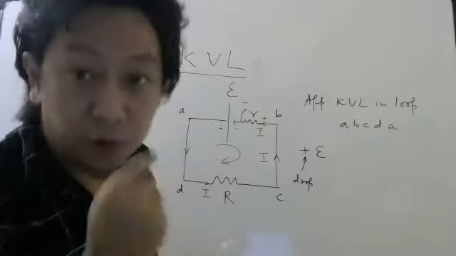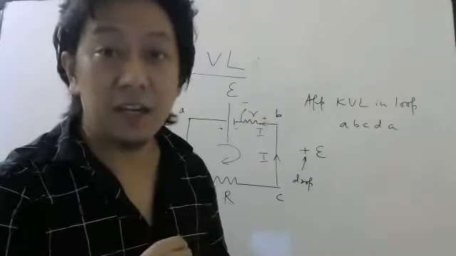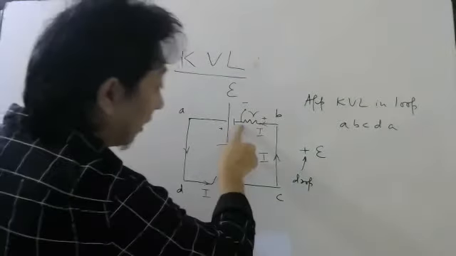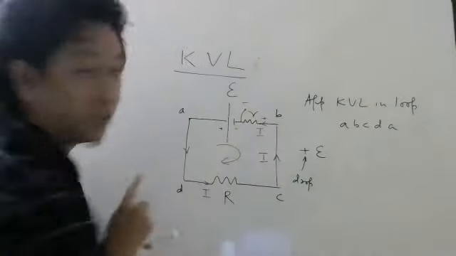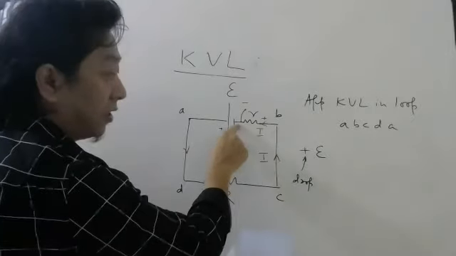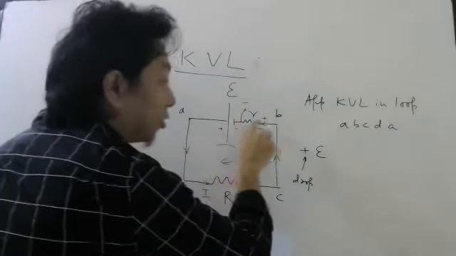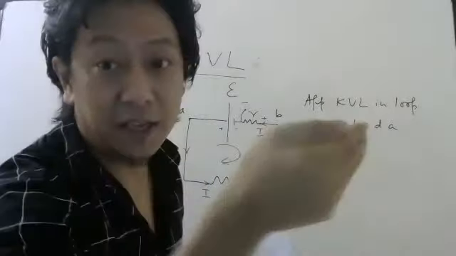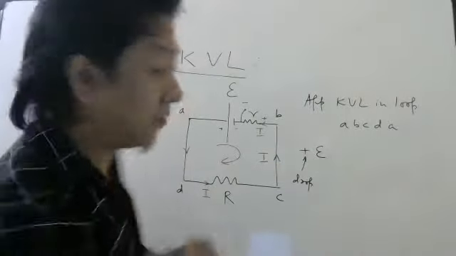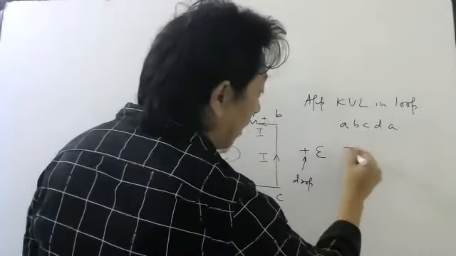Going against the current is always a potential rise, because you are going from negative potential to positive potential. Current flows from higher to lower potential, but I am going from lower to higher potential. That is a rise, and rise we take as negative. So the potential difference for this resistor is minus I into R.